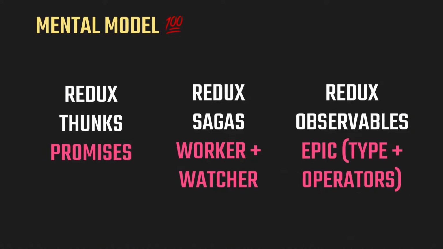And observables have this concept called epics. Every time an action type matches, we are going to use observable RxJS operators to do that. Observable uses RxJS, which is reactive programming, and everything is a stream. I'm not going to dive a lot into RxJS because that's going to be another topic. So I'm going to give you an overview of what it is.